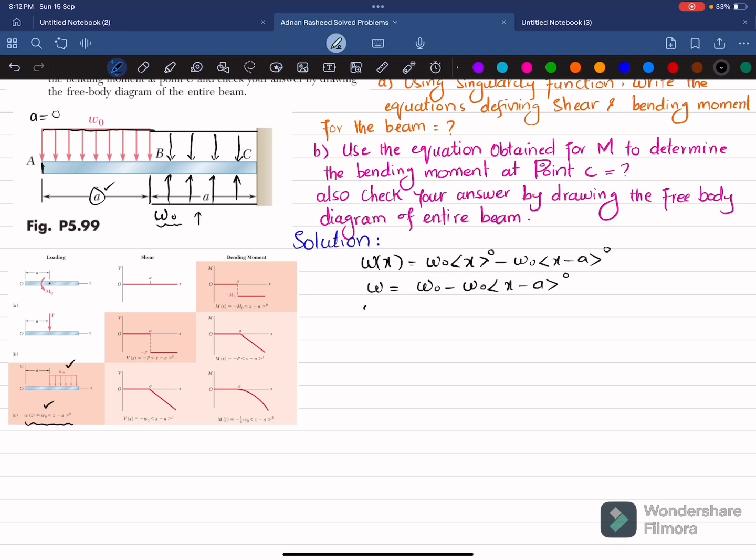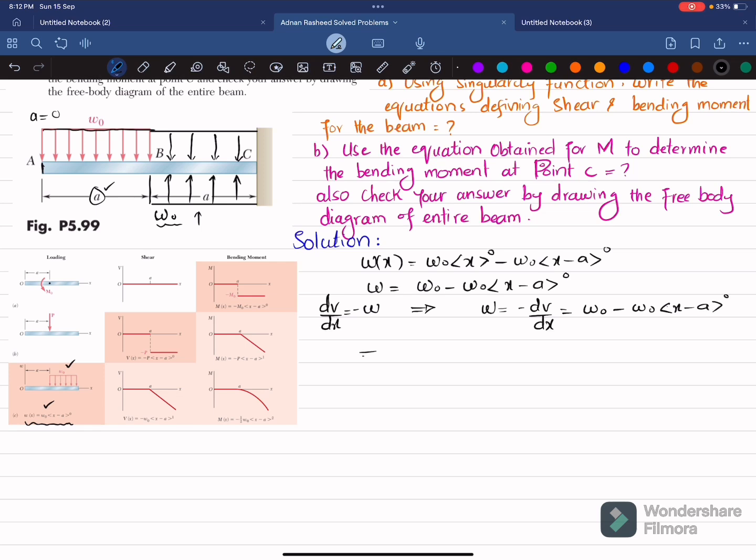And we know that dV over dx is equal to minus W. So from here W will be equal to minus dV over dx. So we will put the value of W: W is equal to W naught minus W naught into x minus a power 0.